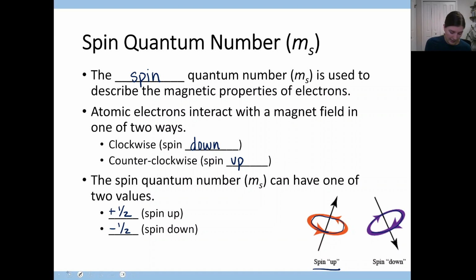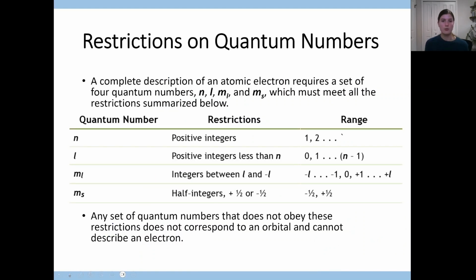Let's summarize these restrictions, because we've talked about a lot of restrictions on these quantum numbers. If we have a complete set of quantum numbers, so n, L, mL, and mS, that describes an individual electron. But those 4 numbers must meet all of the restrictions that are summarized below.